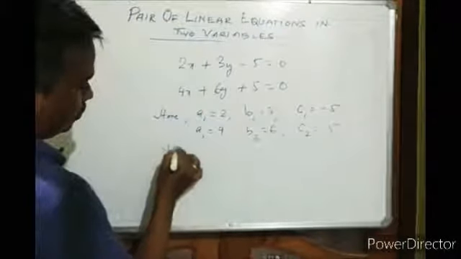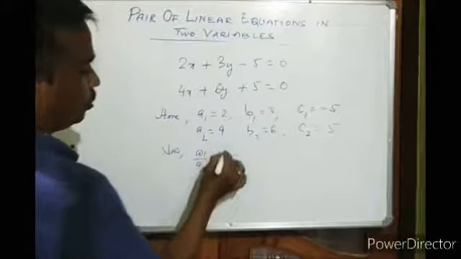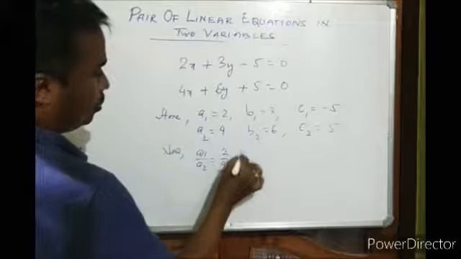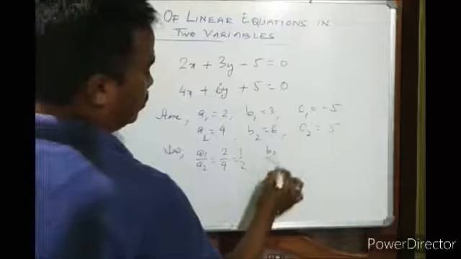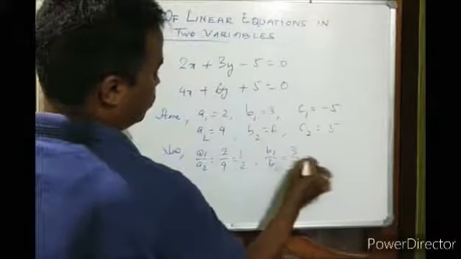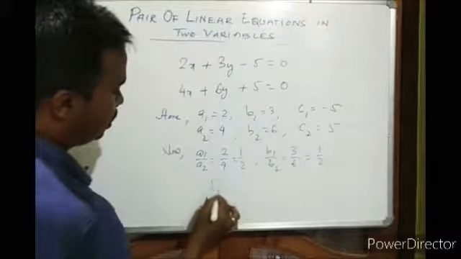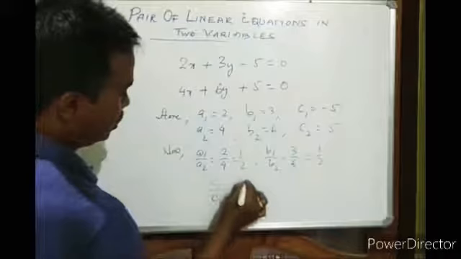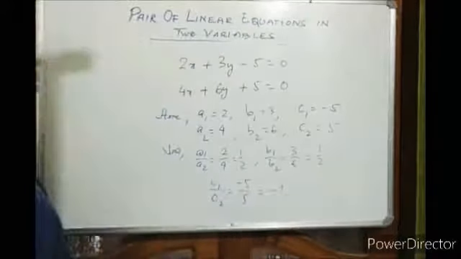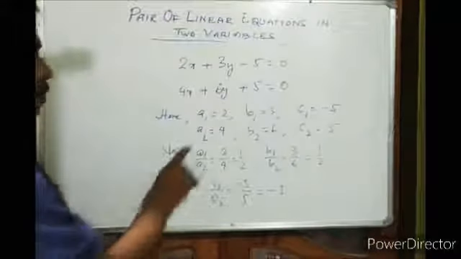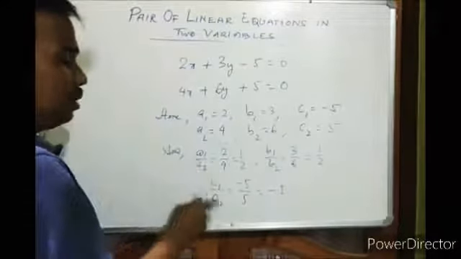Now, A1 by A2 is equal to 2 by 4, which is equal to half. B1 by B2 is equal to 3 by 6, which is again half, and C1 by C2 is equal to minus 5 divided by plus 5, which is equal to minus 1.